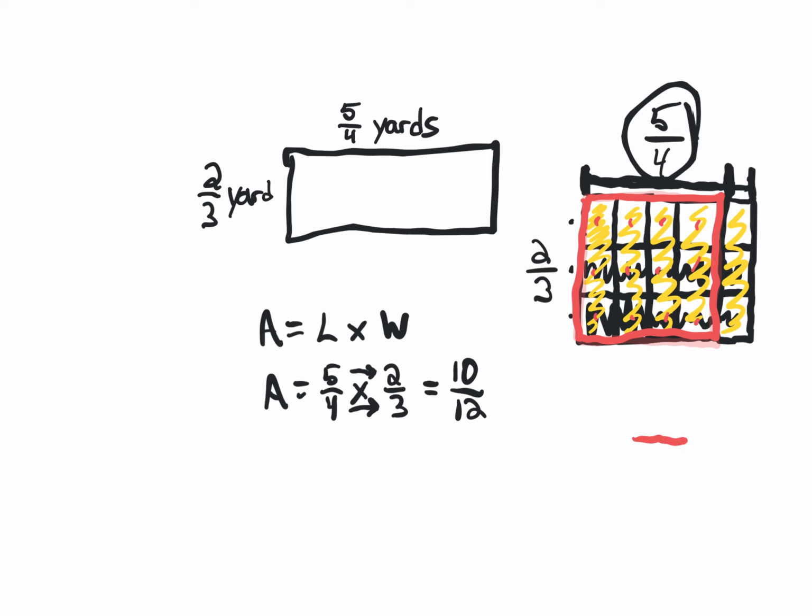That's 12 total. And then we have to identify which of those sections have both colors. So one color was black, the other color was yellow. So we have right here, 2, 3, 4, 5, 6, 7, and 8. And there's 2 more over here, 9 and 10, which gives us 10/12.